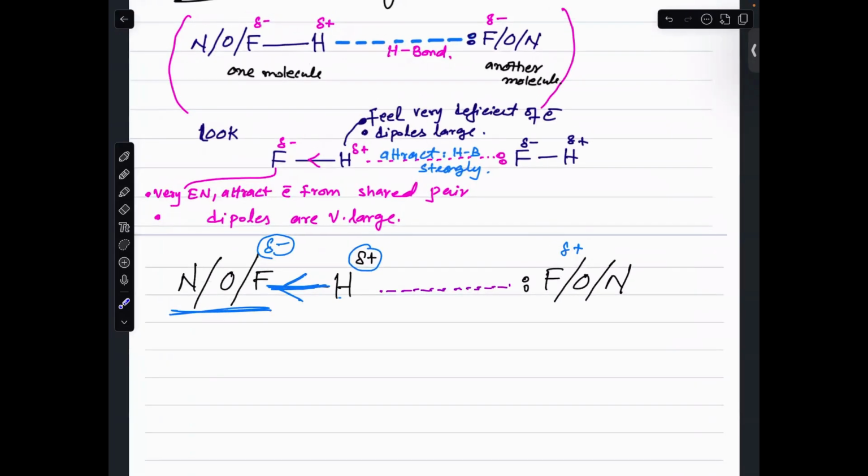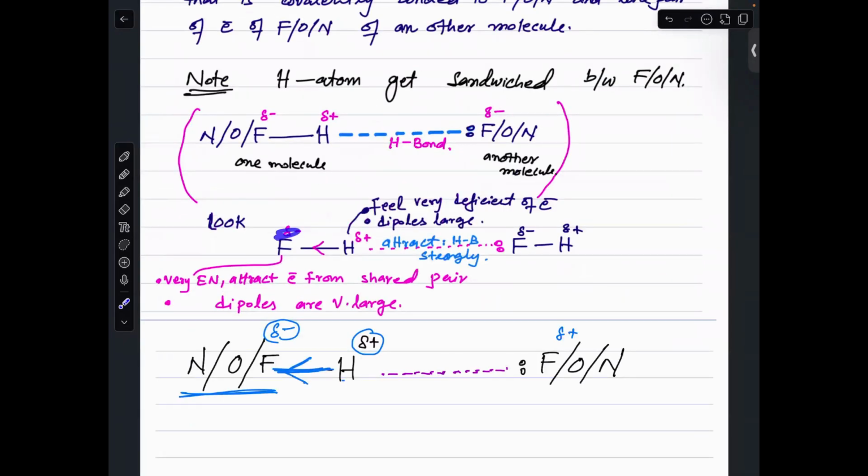Look at what I've written here. Fluorine is very electronegative and attracts electrons from the shared pair. The dipoles are very large.